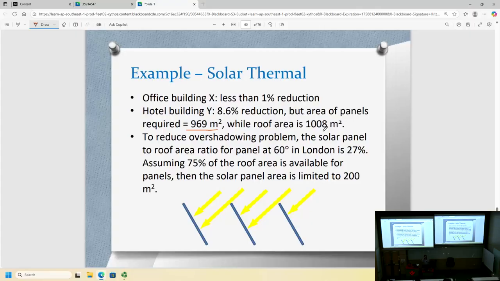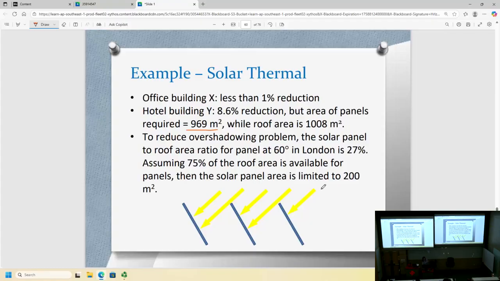And it means it is quite impossible to install this large area of solar collector in hotel Y. Because to reduce the overshadowing problem, the solar panel to roof area ratio for a panel at 60 degrees in London is usually just 27%. If you place them very close to each other, it will block one another.